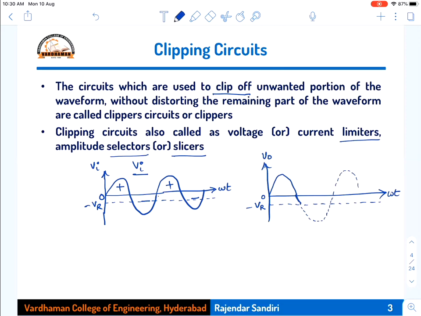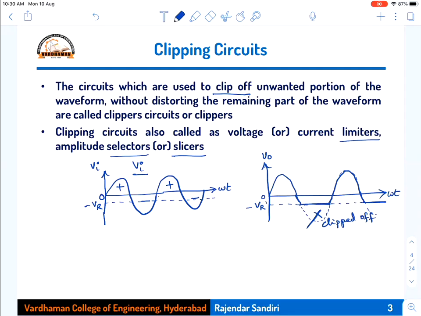This is what is input. Now, if this portion is clipped off, then you will get a straight line here, then the remaining portion of the waveform, again a straight line. That means this portion of the waveform is clipped off. This is decided by what?